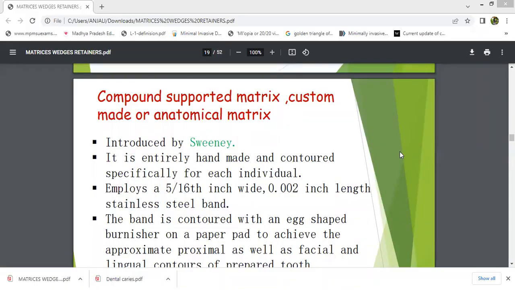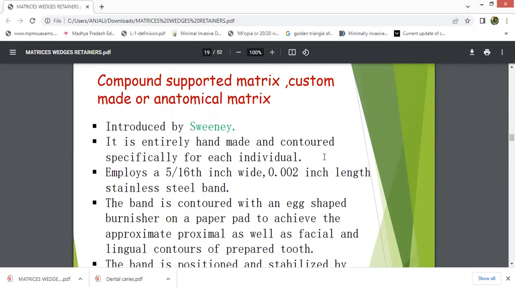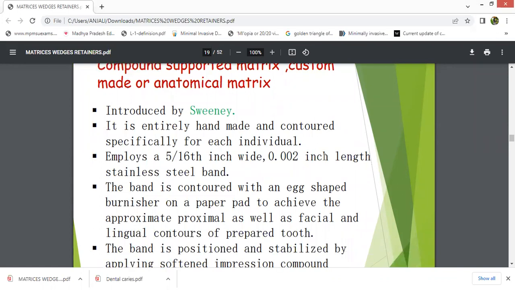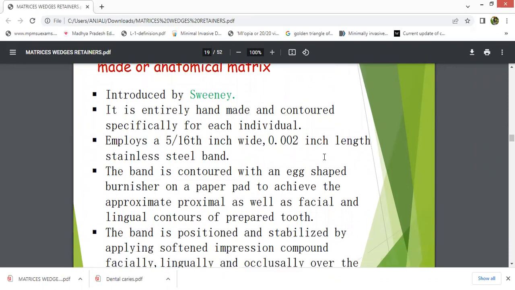Next is जो compound supported matrix है, it is introduced by Sweeney. It is entirely handmade and contoured, so specifically for each individual, it employs a 5/16 inch wide, 0.002 inch thick stainless steel band.